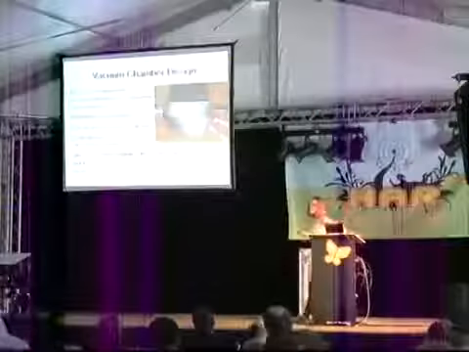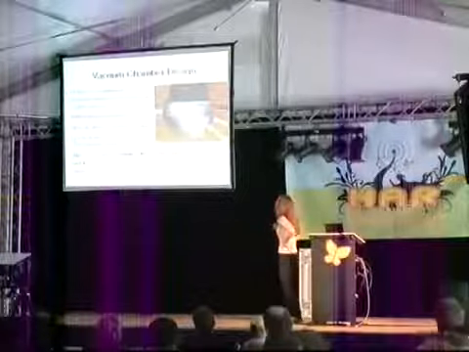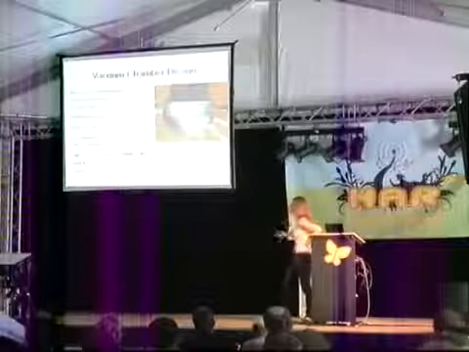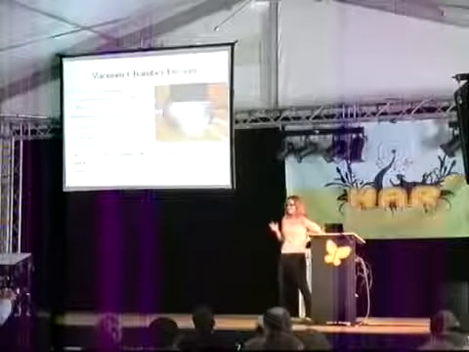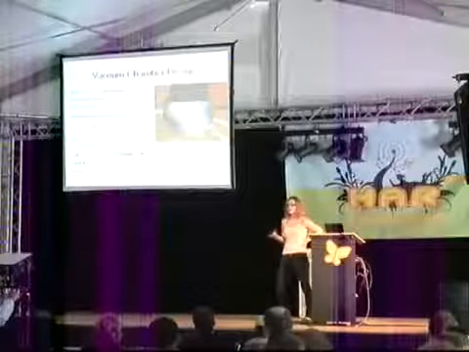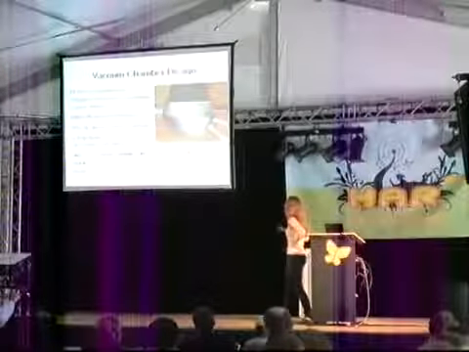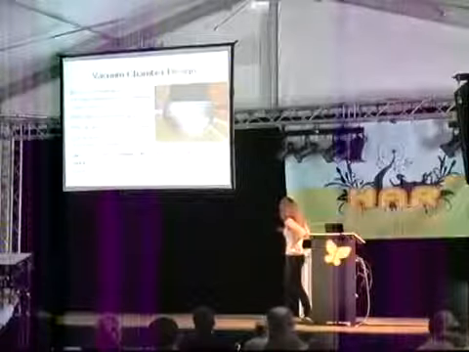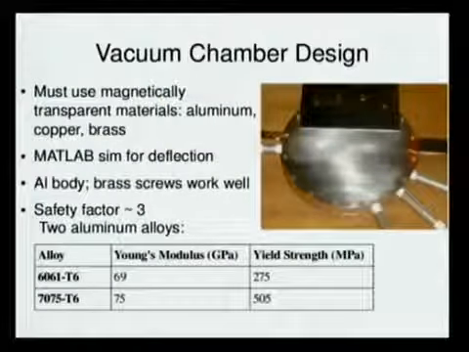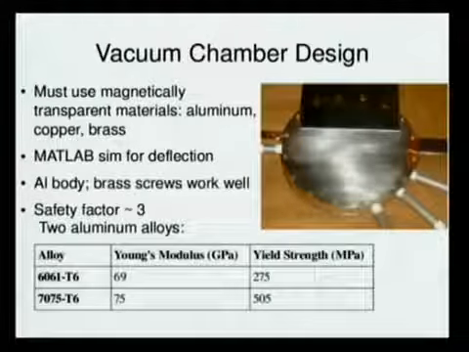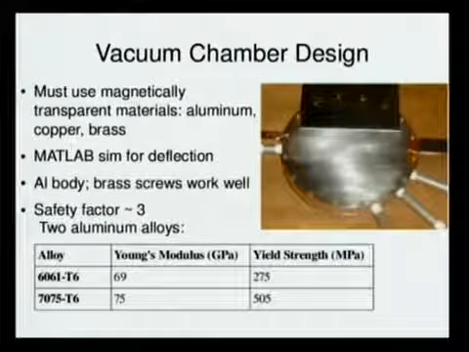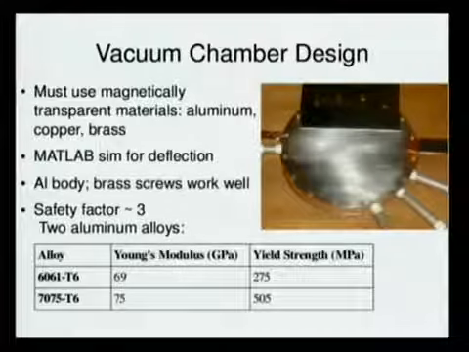Now, a bit more on the mechanical side of things. As I said before, you have to use magnetically transparent materials: aluminum, copper, brass, things like that. It's useful to run some simulations to determine what the deflection is, because it's basically a circular plate that's fixed at the edges with a large pressure gradient distributed across the surface.